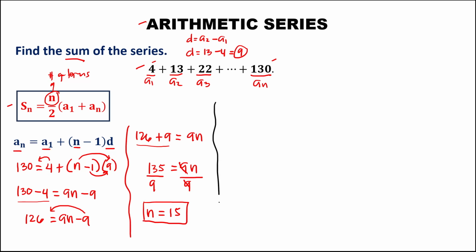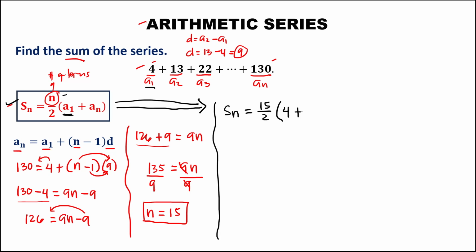So since we have now the number of terms, we can find now the sum of the series using this formula. So the sum of the numbers equals n, n is 15, divided by 2 times the first term, that's 4, plus the last term, that's 130.